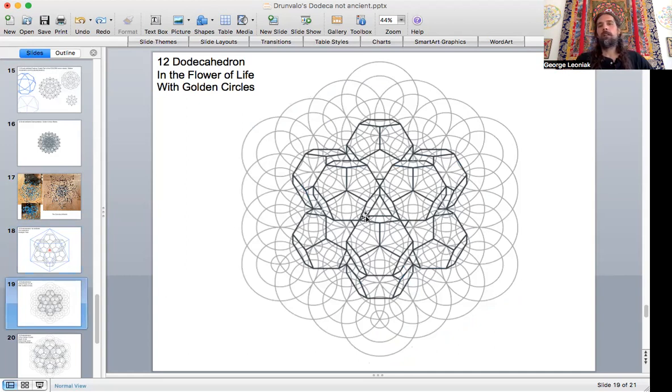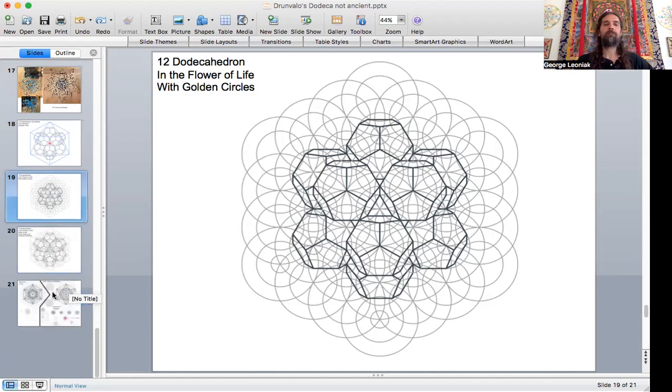What I'll illustrate here is that I'm trying to get this dodecahedron to be in a circle, but because this circle pattern is expanding out with the same radius between all the large circles, right? This is how the flower of life is done. Well, it kind of gets sucked in a little bit. I get all the 5 circles, but I have to add some more little circles in here to get it done. And I'll get all the lines. And it was a good amount of work to pull that one off.